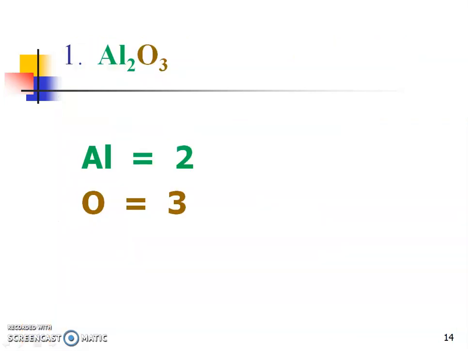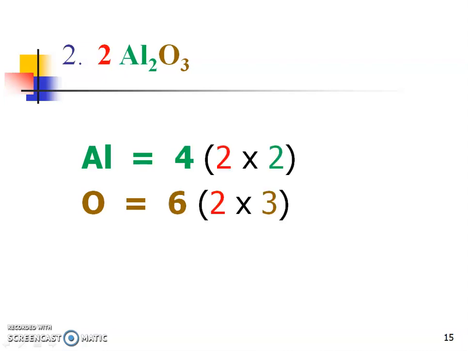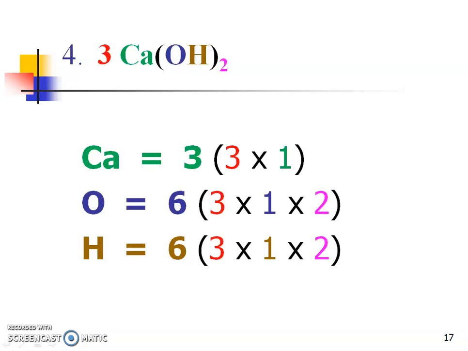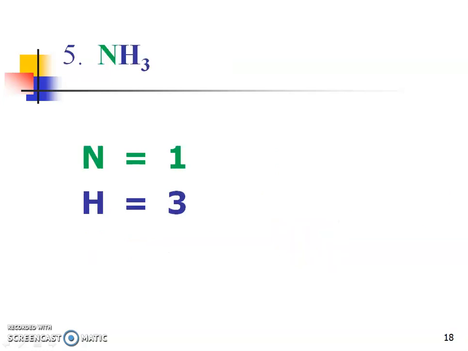So here's our answers, and I'm just going to click through. Make sure to check your overall answers. And again, there's that tricky one with the parentheses, but then the 3 on the outside, and that's why you're multiplying twice.